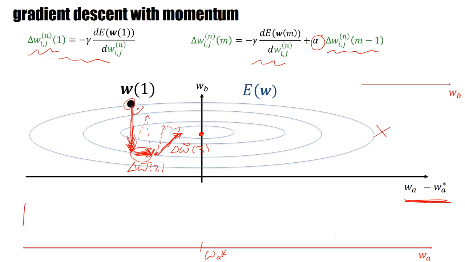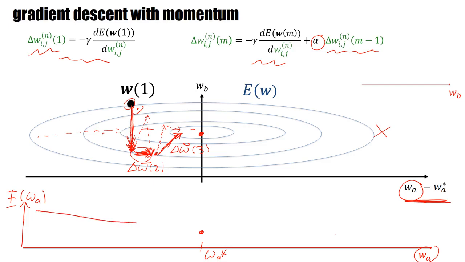Let's now plot just 1 dimension as a function of this variable WA. Well, the minimum is here, not necessarily at 0.